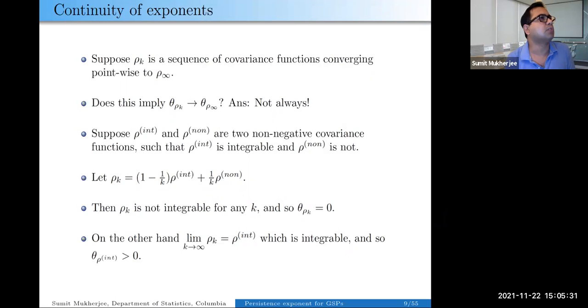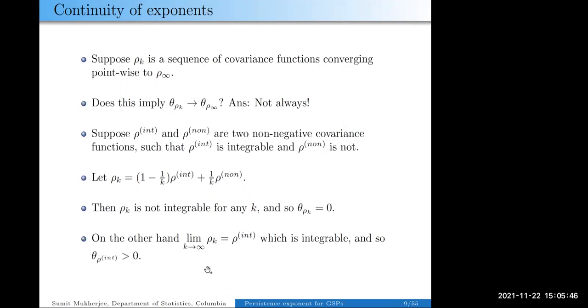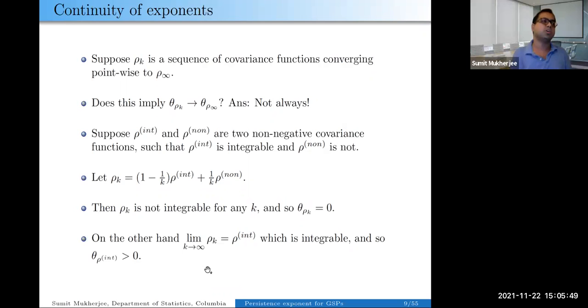So theta rho goes down. So let's see. In this example, theta rho will never go down. If you have non-negative correlations, the other direction is always free.